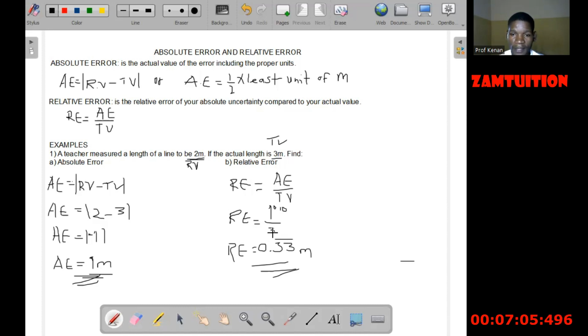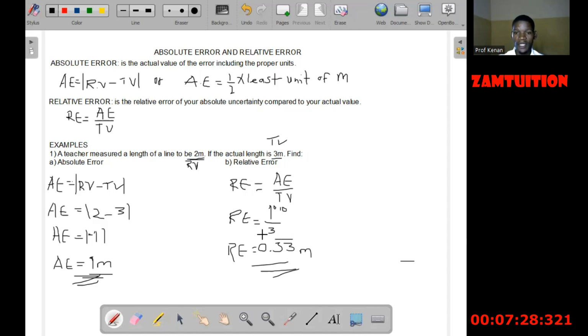When we start dividing, 3 into 1 is 0. Then we put a point and add a 0. That's how we divide fractions. 3 into 10 gives us 3, remainder 1. We add another 0, 3 into 10 again is 3, remainder 1.